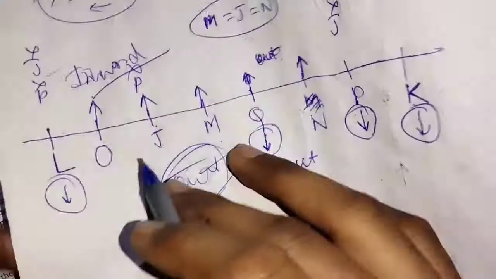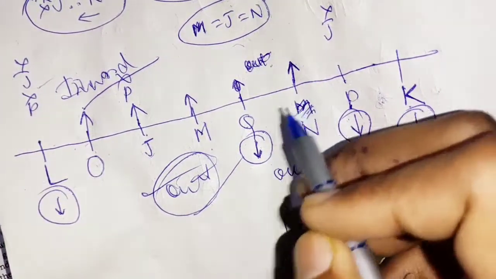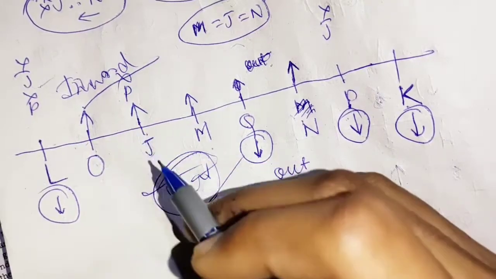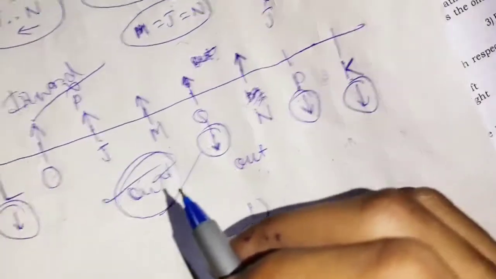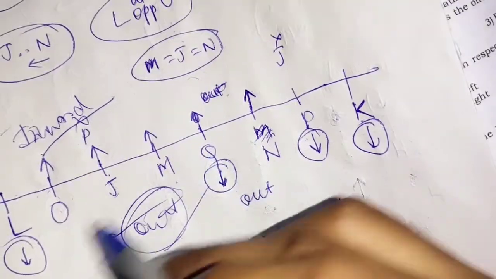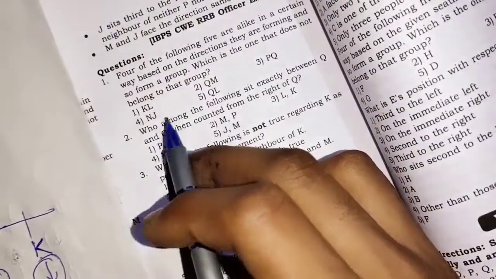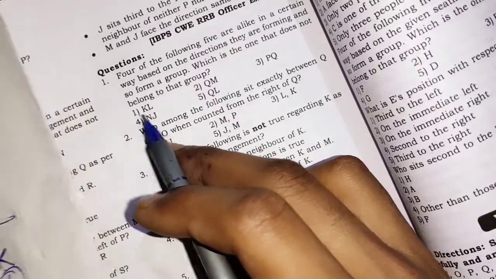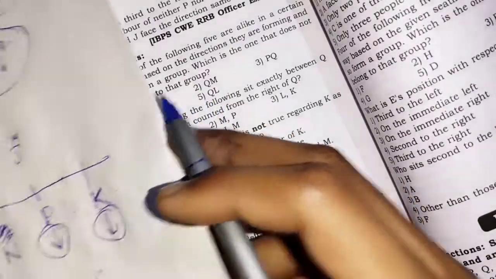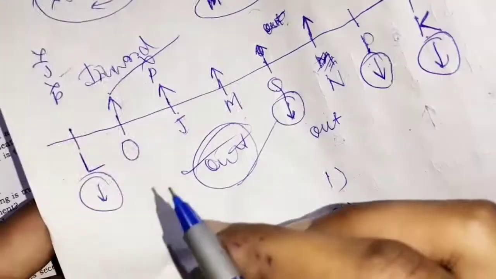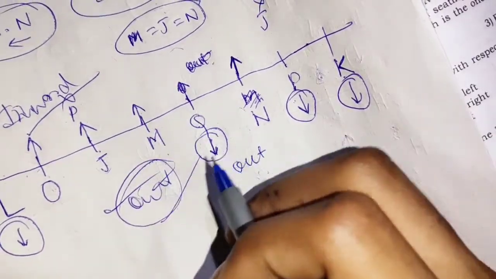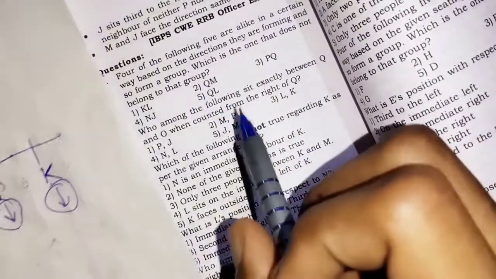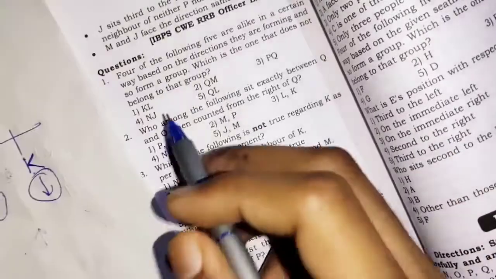NJ: N is facing upward and J is facing upward. QL: Q is facing downward and L is facing downward. So in all the options both of the pairs are facing the same direction except one. KL, no. QM, yes. In QM, one is facing upward, one is facing downward, so our answer is 1 cut 2.